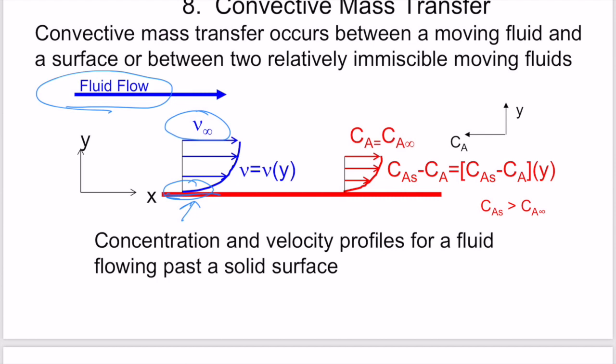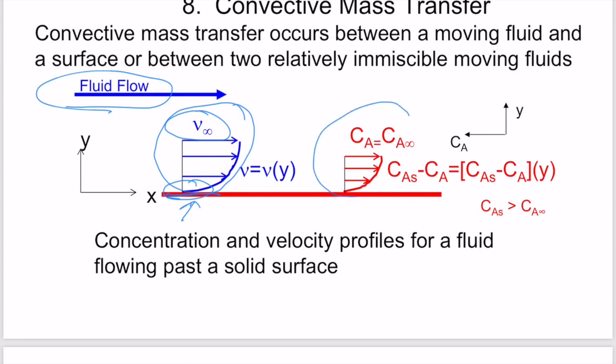Actually, the molecules right next to the flat plate are at the same speed as the flat plate, which in this case is 0. That's called the no-slip boundary condition. And so it makes the velocities look like this. So they're slowed down next to the flat plate, and then they increase up to v infinity.